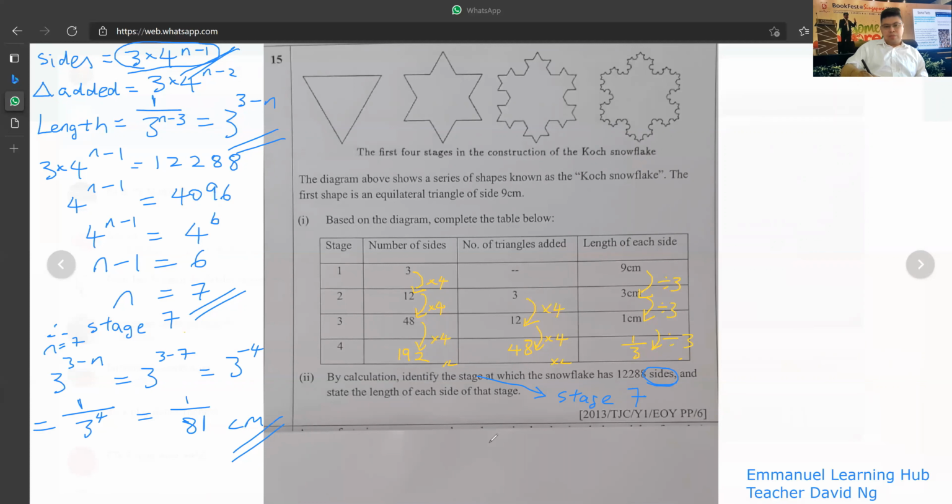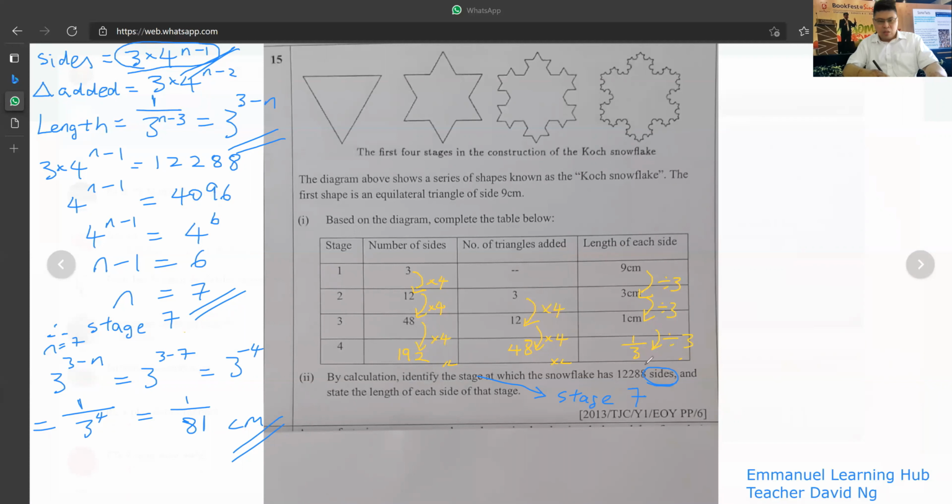The concept is just like a COVID-19 vaccine. That's why you have to create a few more stages. Usually for this kind of question, if they give 3 stages, you create 2 more stages, which is good enough.